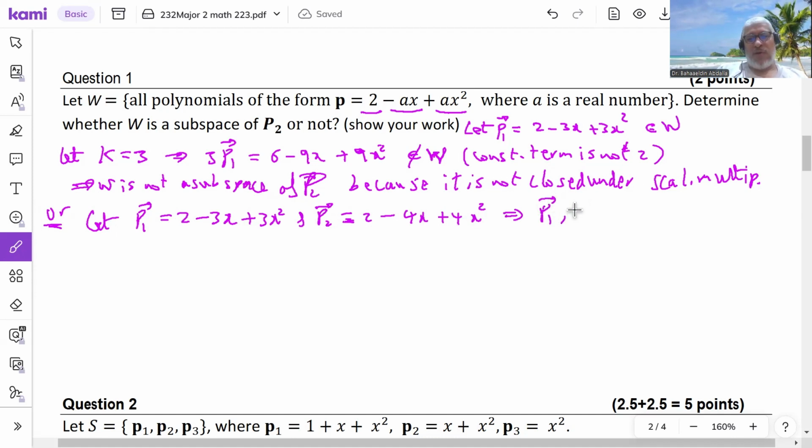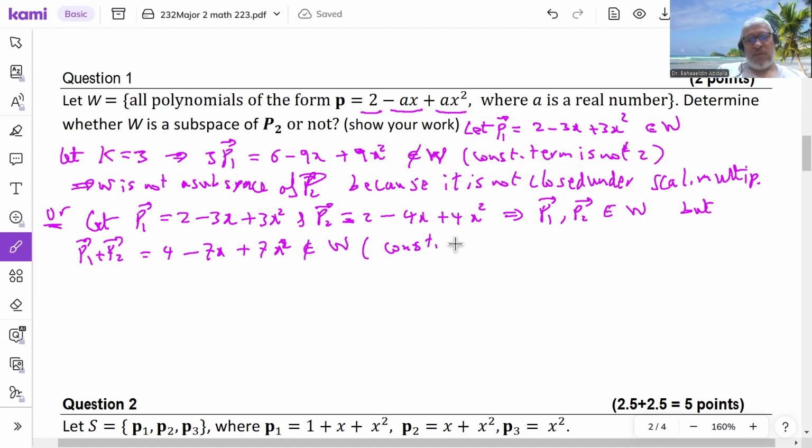Then P1 and P2 belong to W, but P1 plus P2 would be 4 minus 7x plus 7x squared, and does not belong to W because the constant term is not 2.